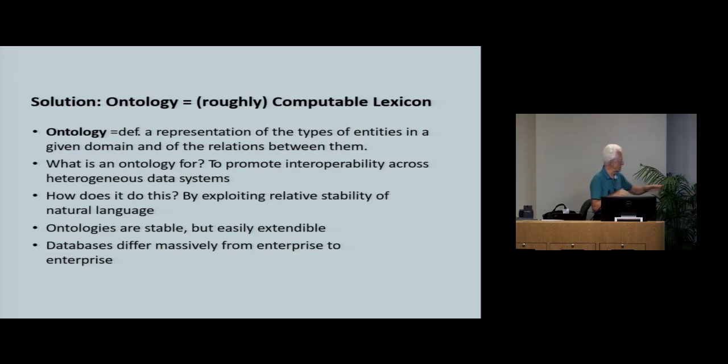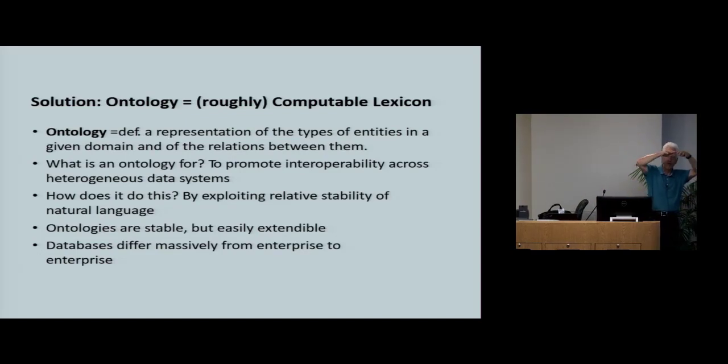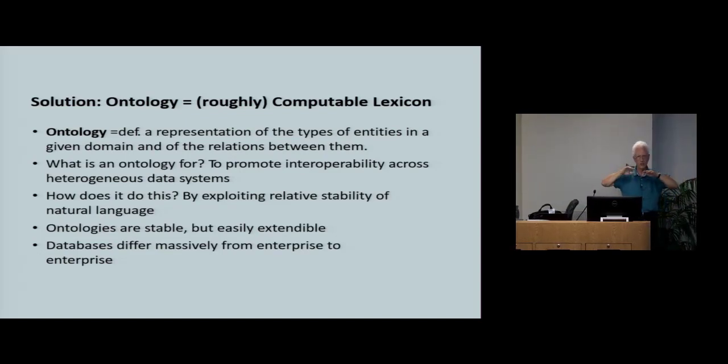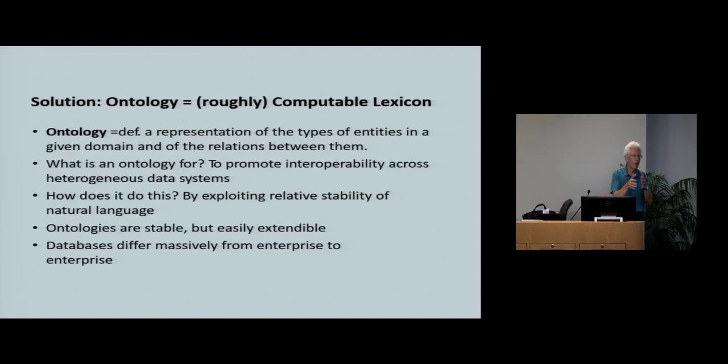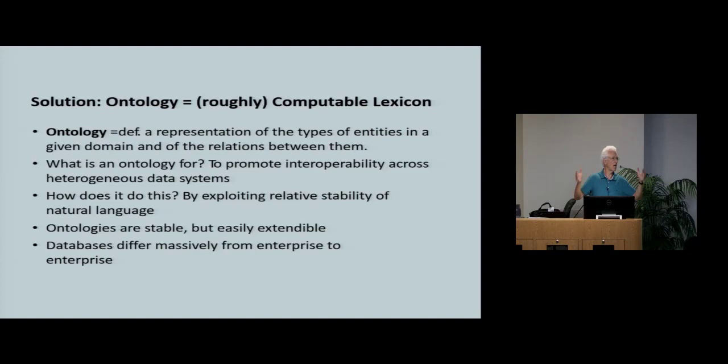All right, and then ontologies are meant to be at a higher level, above communities, above companies, above industries, above sciences, scientific disciplines, where databases are built by local groups. One enterprise will have its own database system. And so this is another reason why we can anticipate, if we do the job properly, that well-built ontologies will be able to unify databases built at different times and by different people.